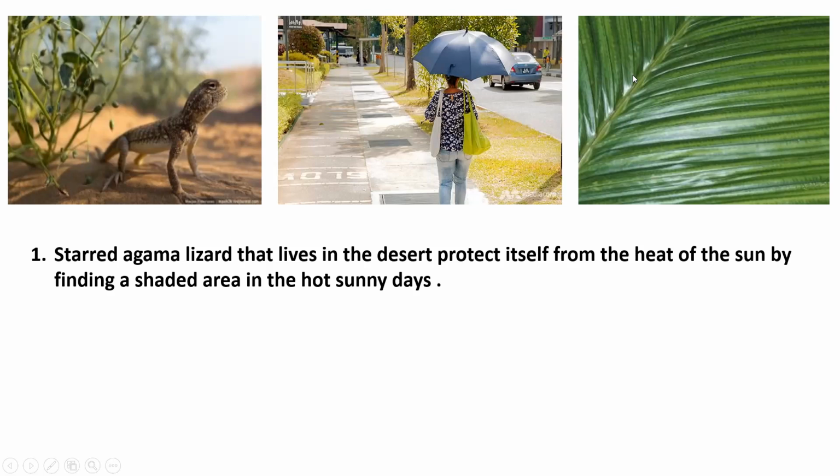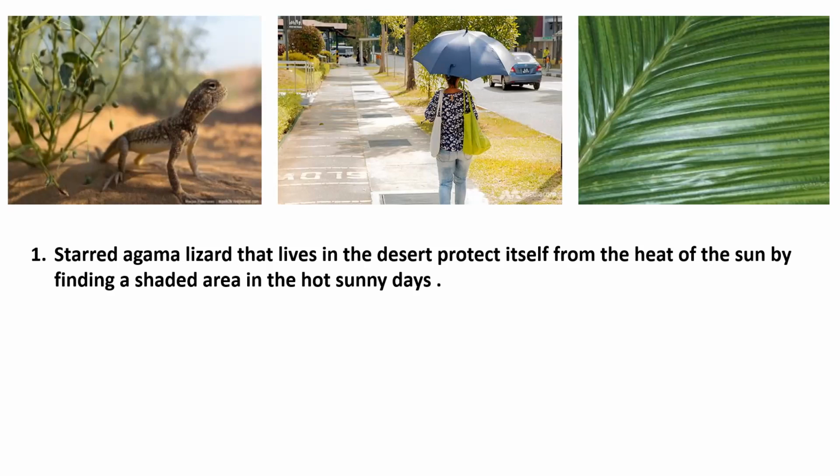Okay, let's take the third picture. These are some palm leaves. Why are they very bright, very shiny? Because they are coated with a waxy layer to protect themselves from the heat of the sun.